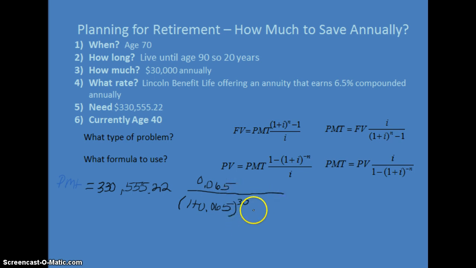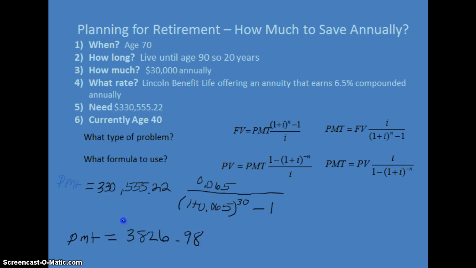And then we have the minus 1 in the formula. Again, I recommend that you stop the recording at this moment and do this on your calculator so that you're sure you can work through the order of operations. And when we do that, we'll find that this means we need to pay in $3,826.98.